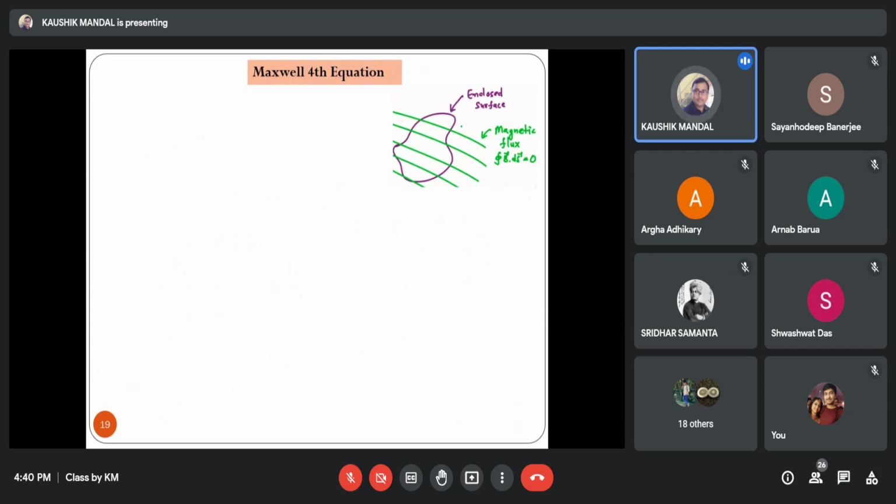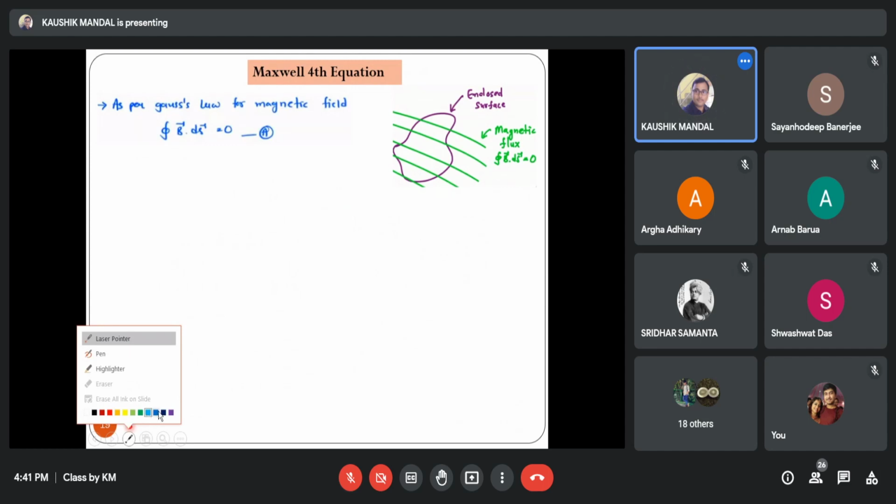As per the statement of Gauss's law, if we consider an enclosed surface and the magnetic flux through this closed surface, over this particular part the magnetic fields are entering, and over this particular part the fields are leaving the closed surface.